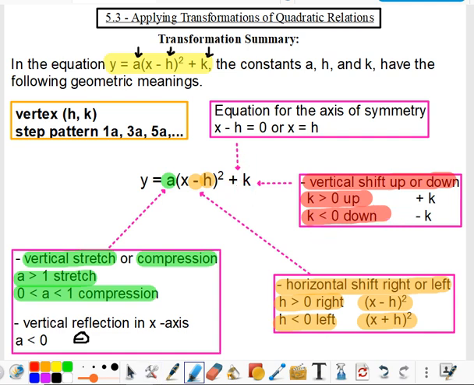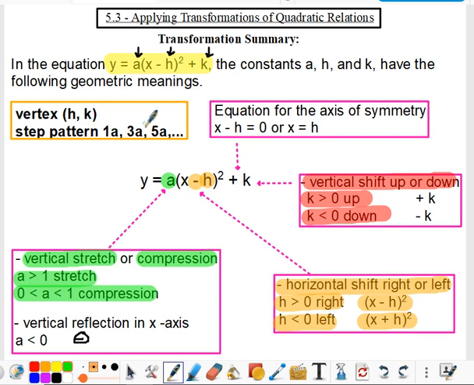Now, what I also have here is this box in gold, well, it's orange, but I tried to make it gold. And the reason I wanted it to be gold is because this is the best information that you pull out. A, h, and k mean absolutely everything to us. H and k are literally the x and y values of the vertex, and that a value is what we're going to use to multiply the multiples of the step pattern.